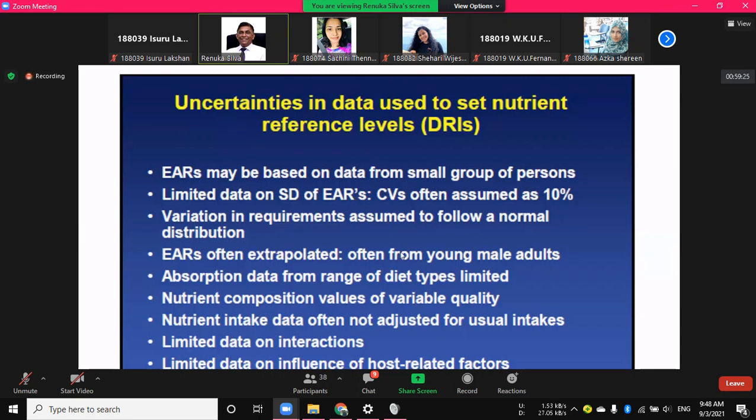Right, so we are back now. Now we are talking about these EAR values and the recommended RDA values, and without having the best understanding of these concepts, you cannot go beyond this. If you cannot understand anything after this class, you need to read about the EAR values.